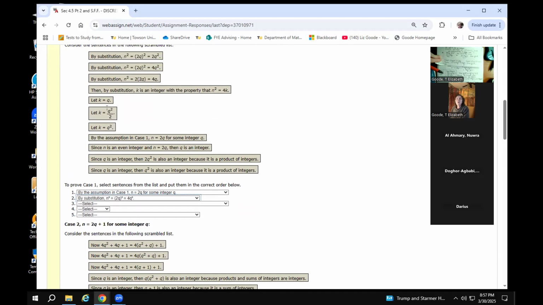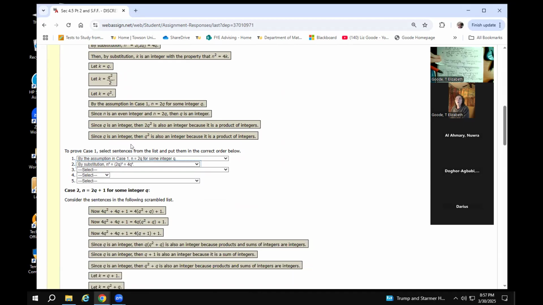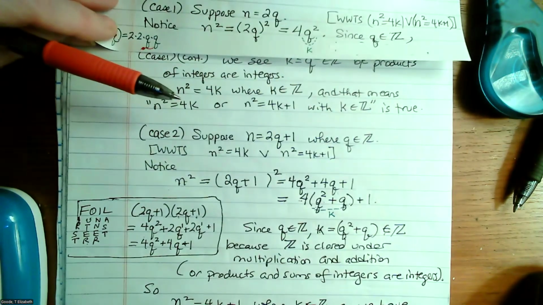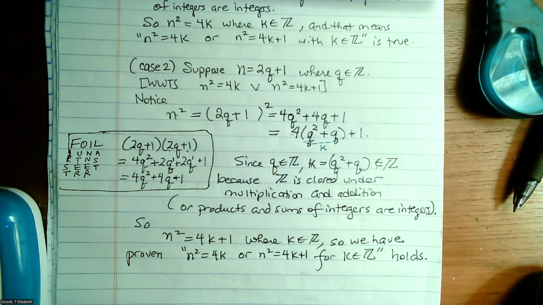We were trying to prove that n squared looks like 4 times k. Well, our k looked like q squared, and then we talked about why k was an integer. So you can probably refer to this proof and think it through, and you'll be able to pick the right answers. And if you need an extension on it, well, you still have till tomorrow, don't you? So you should be okay.